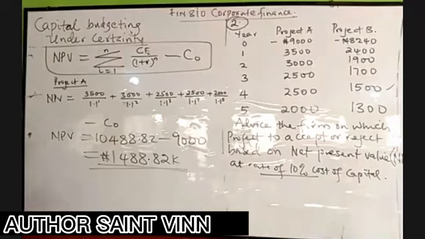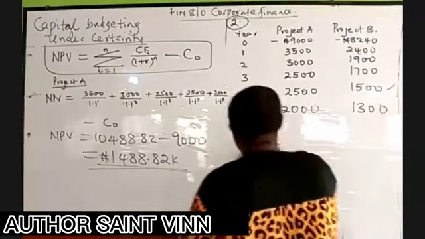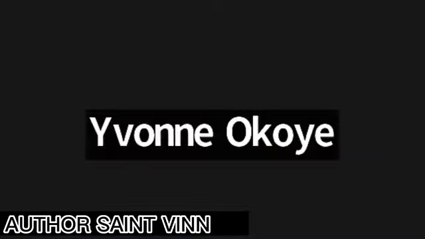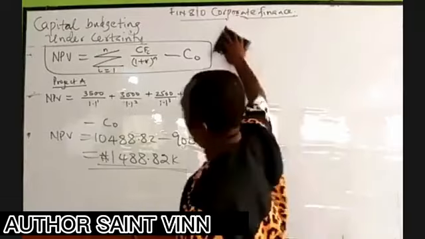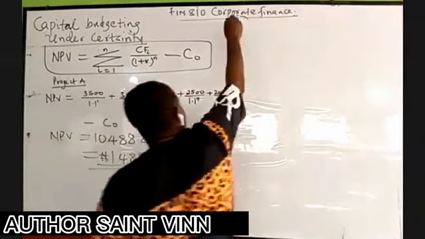But look at the board. I want to do something now. If you don't like this method that I've just used, it's giving you a challenge. There is always another approach. This is the next approach.